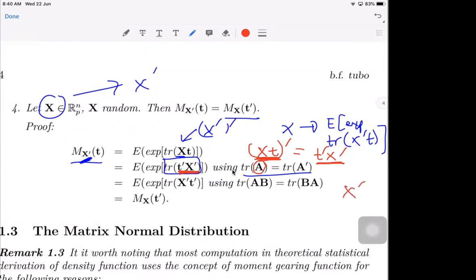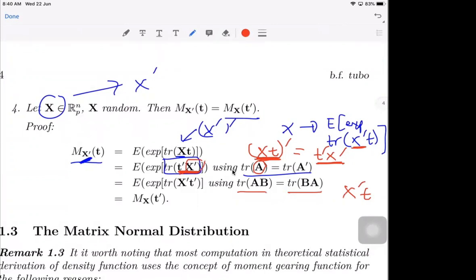isolate x prime, because that is the form you want, x prime. But the x prime here is still in the second component or second term. So you have to apply this property that the trace of AB is equal to the trace of BA.